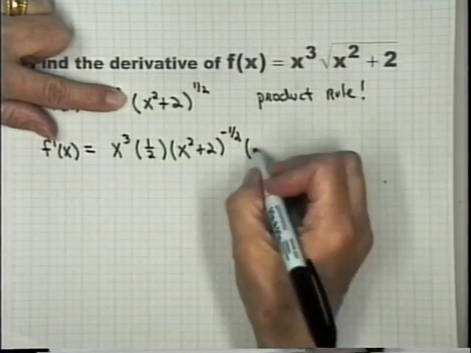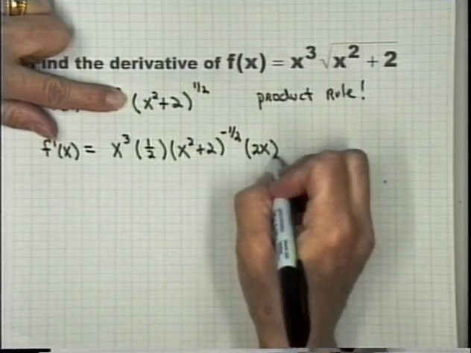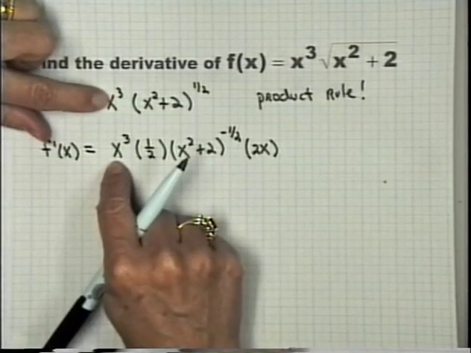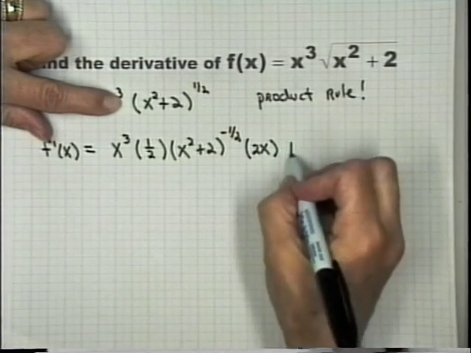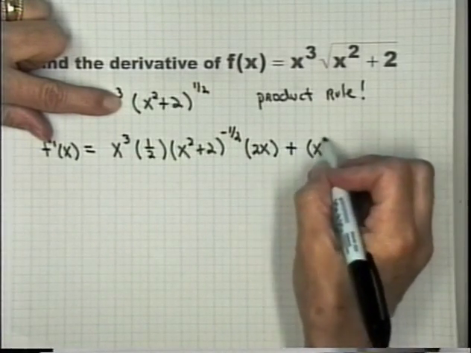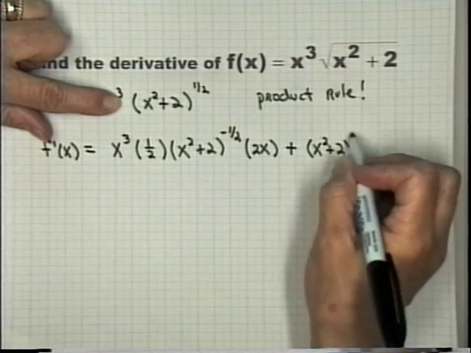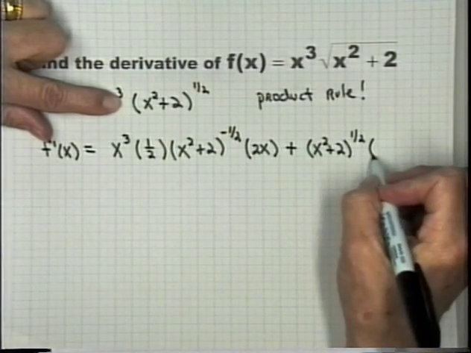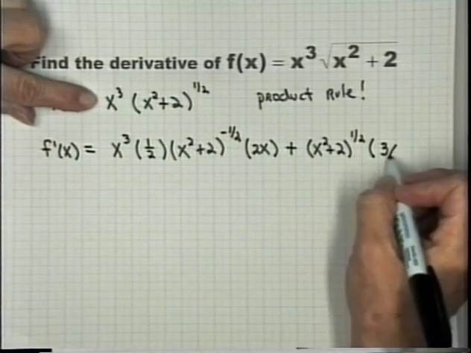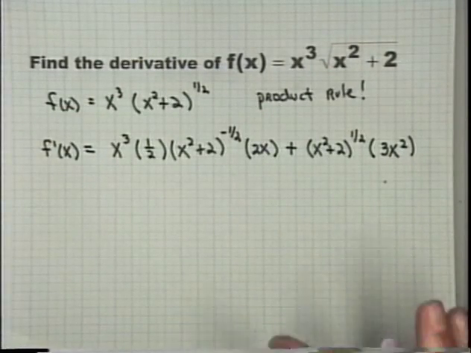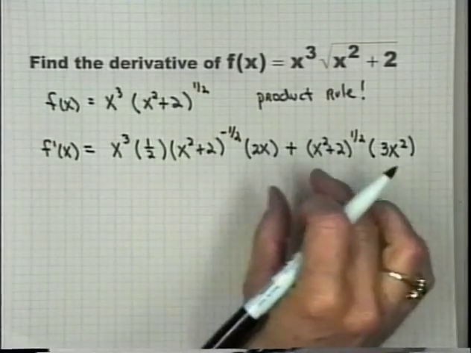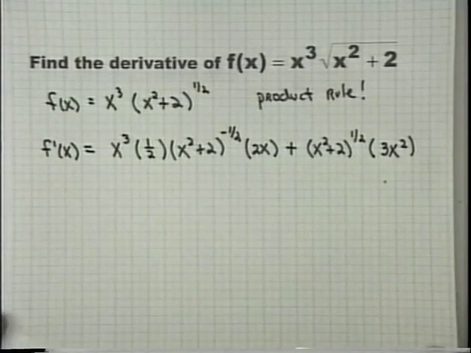The derivative inside is 2x. So I have the first function, the derivative of the second function, plus my second function, x squared plus 2 to the 1/2, times the derivative of my first function, 3x squared. Okay, again, make sure we have everything. First, derivative of second plus second, derivative of first.